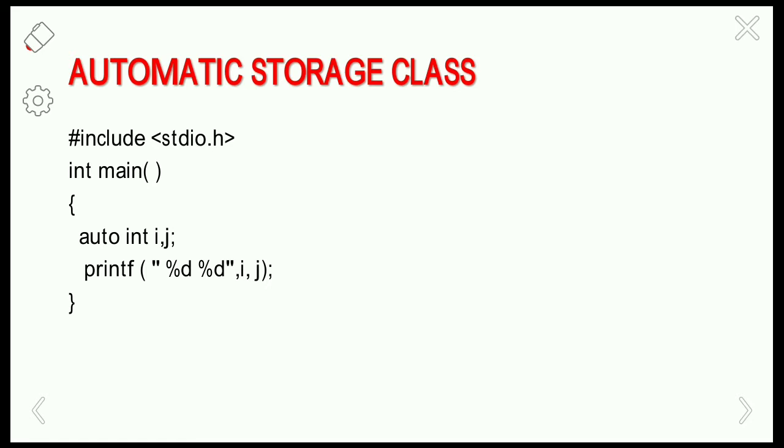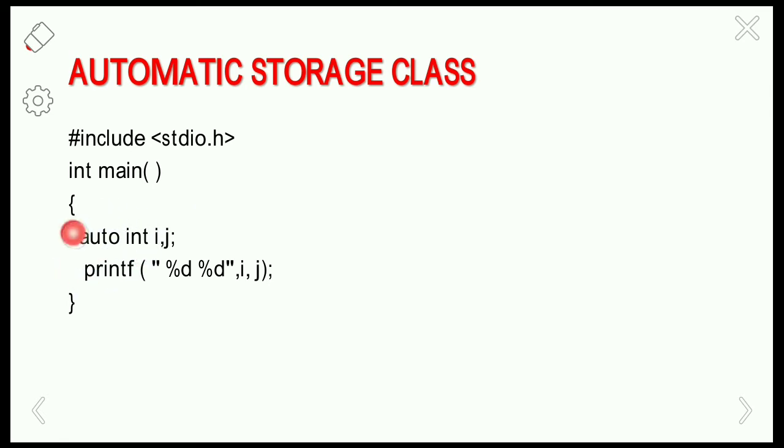Now let us see an example of the automatic storage class. Here we have defined the header file, followed by main, and auto int i, j. We are taking two variables i, j with data type integer and storage class auto.